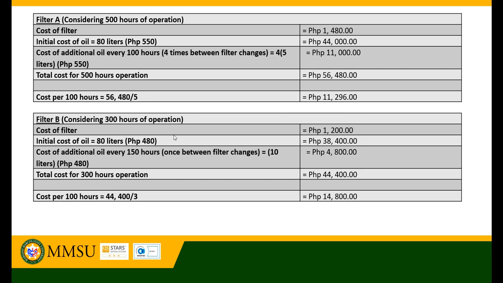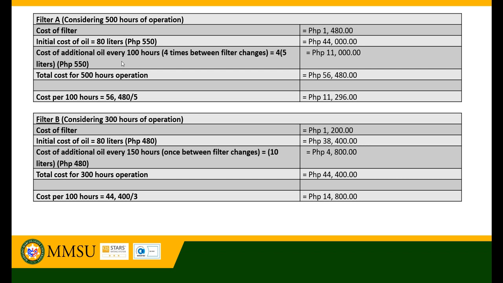Siyempre, hindi mo na siya dagdagan kapag nag 100 na siya, no? Ganon din sa filter A, no? The reason why this is 4 times kanina, so nag-start ka mag-add ng 100 hours, ano? Nagdagdag ka ulit noong 200.